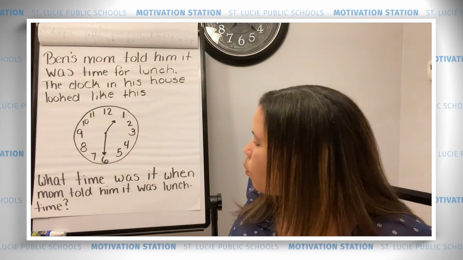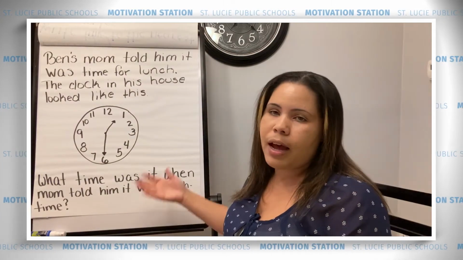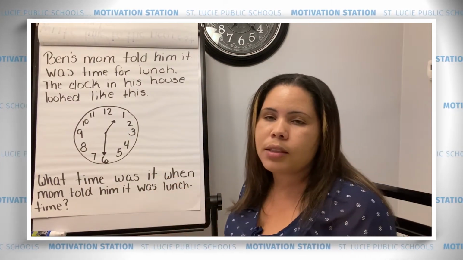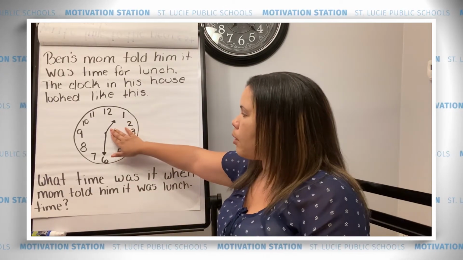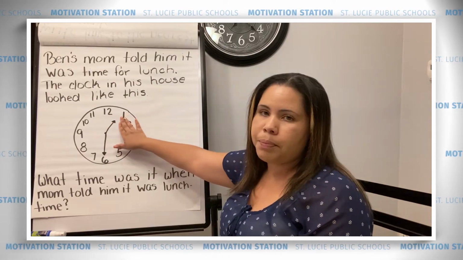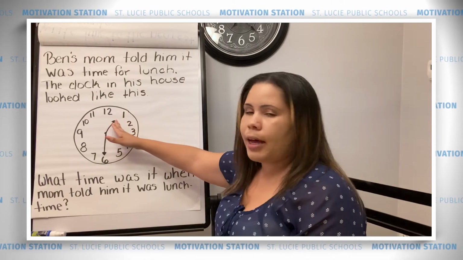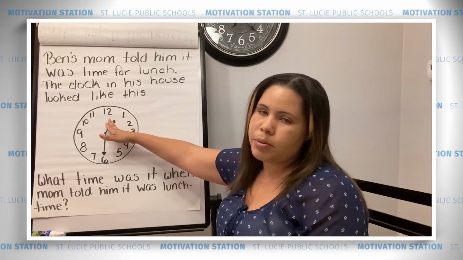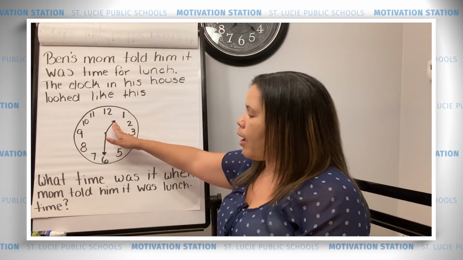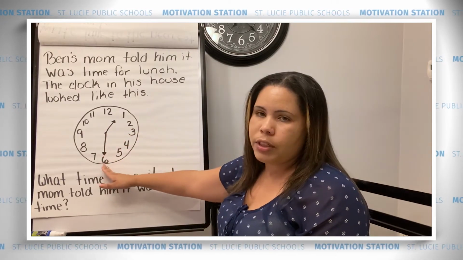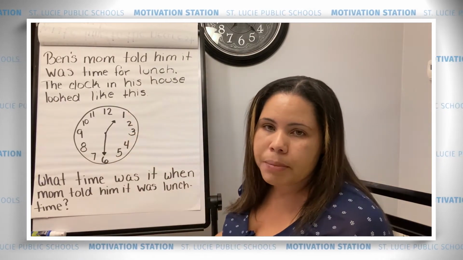And if we want to know what time it was when Mom told him it was lunchtime, we would look at the hour hand and the minute hand on that clock to help us. So our hour hand is the shorter hand, if we remember, and it's here in between the 12 and the 1. It hasn't quite made it to the 1 yet. It's a little bit past the 12. So because it's halfway between these two, we're going to say that the hour is 12, and our minutes are down here, but we need to count to be able to tell what our minutes are.